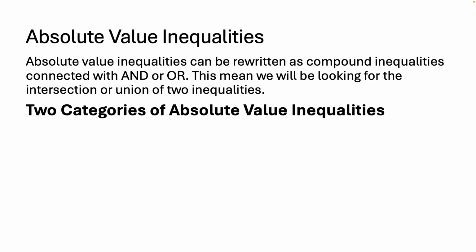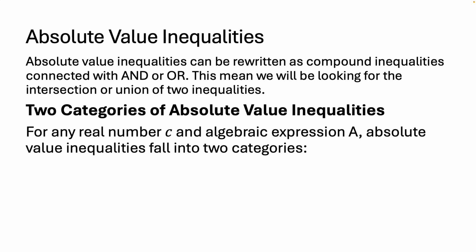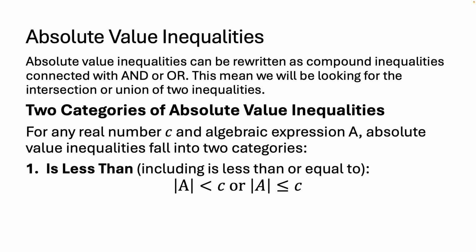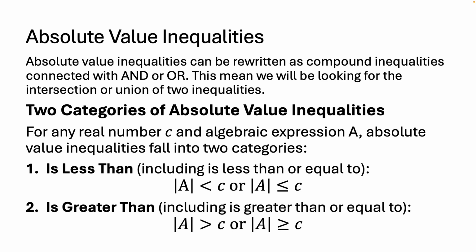Absolute value inequalities fall into two categories. For any real number C and algebraic expression A, absolute value inequalities will fall into one of the following two categories. The is less than category, which includes is less than or equal to. This is when you have the absolute value of the algebraic expression A is less than C, or the absolute value of the algebraic expression A is less than or equal to C. And then there is the is greater than case, including is greater than or equal to.